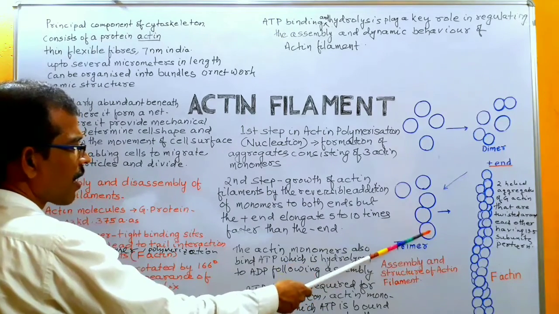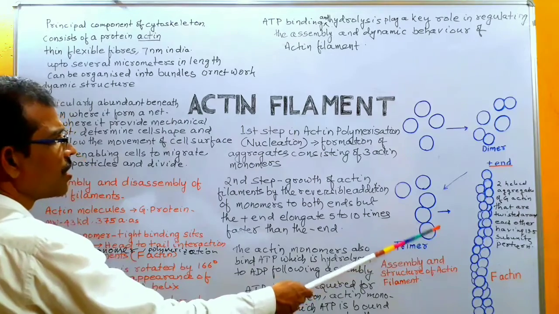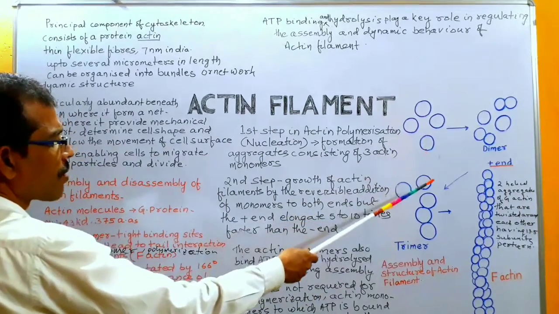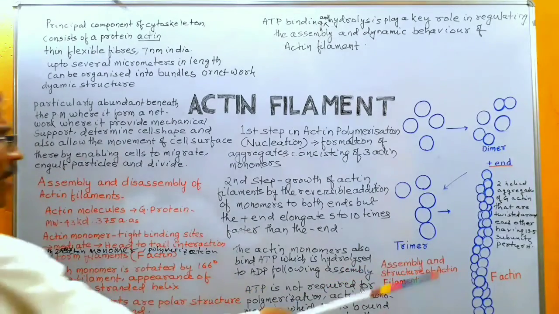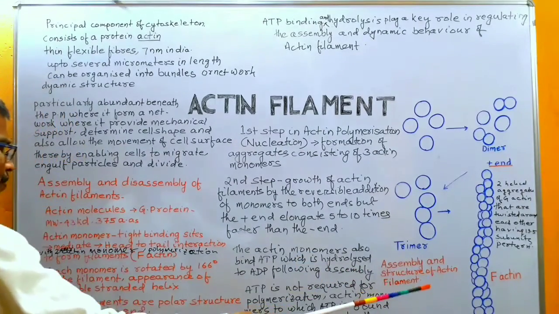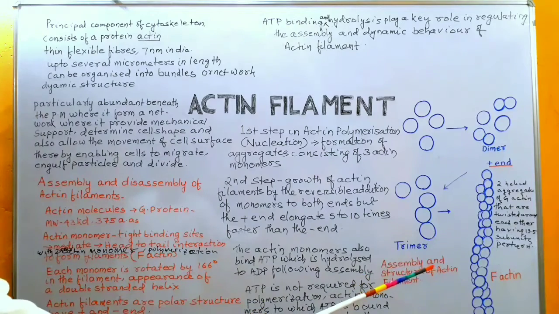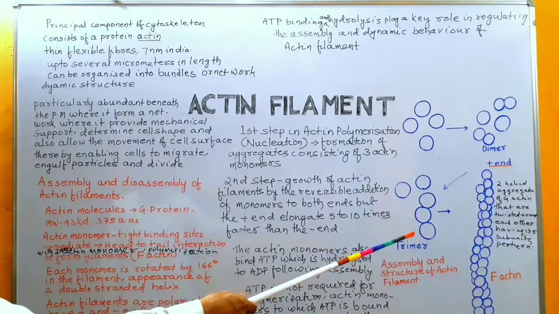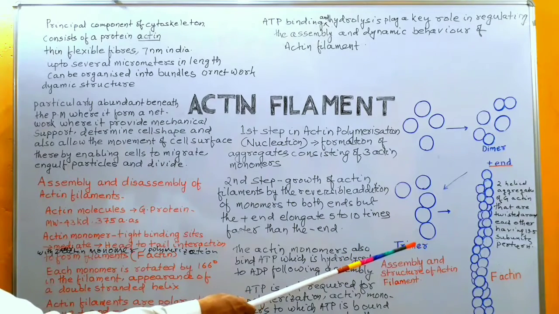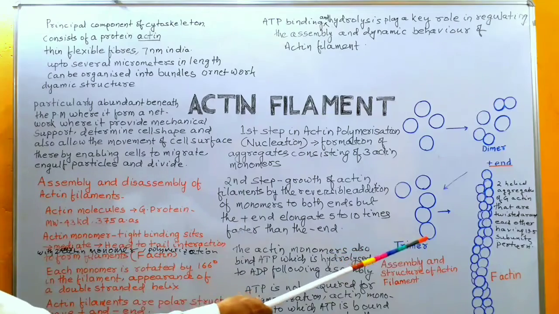Polymerization of actin filament is a process in which actin monomers are polymerized into filament. In this filament, each monomer is rotated by 166 degrees, so it appears like a double-stranded helix.